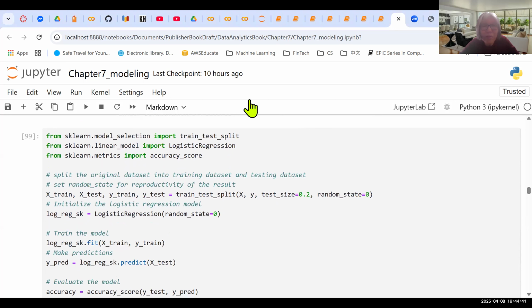Next, what we are going to do is use machine learning's logistic regression. For machine learning, it's a little bit different from the statistics. Generally speaking, here we have 1372 total data points.